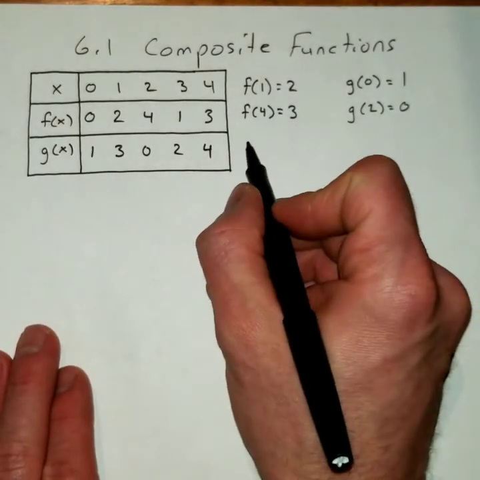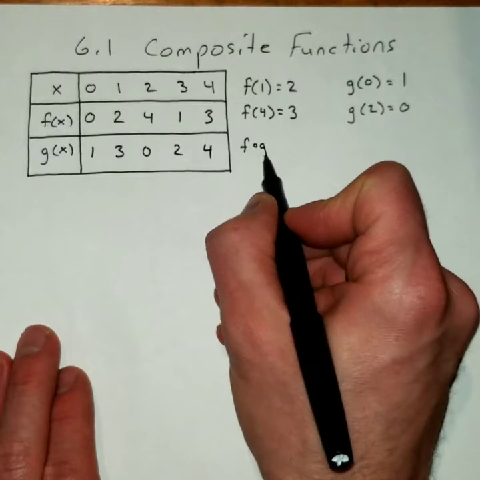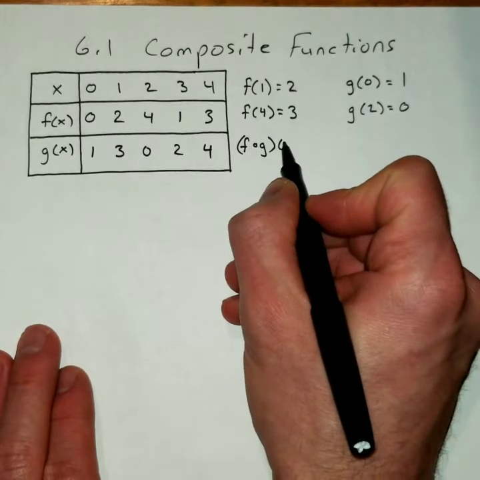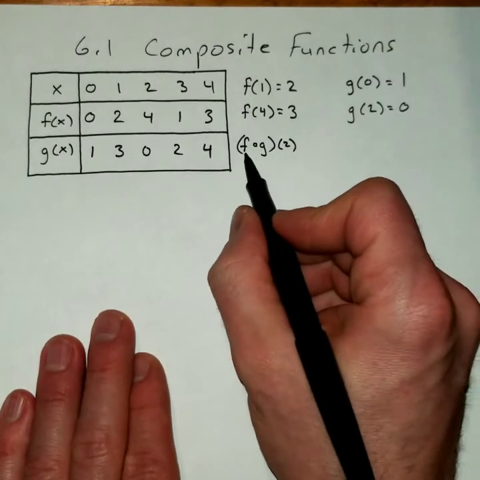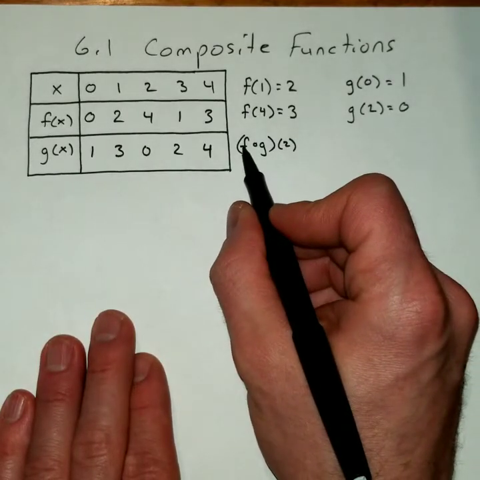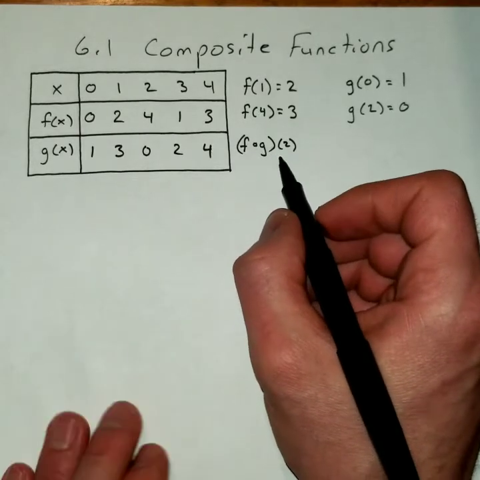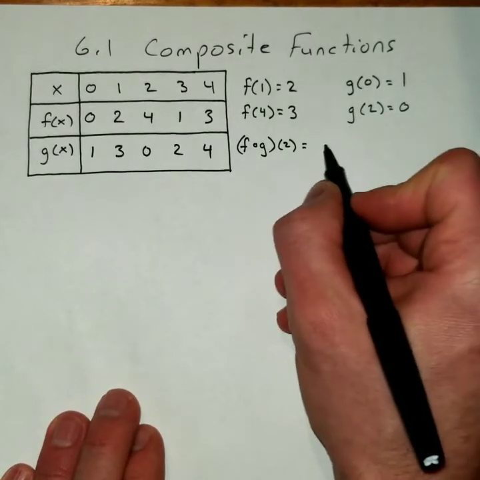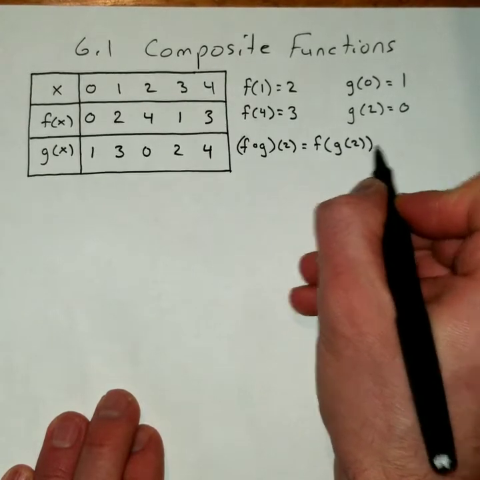So we have f circle g of 2. Now when we write this out in composite form, the f is on the outside, it's the first one listed, and the g is on the inside, it's the second one listed. So this becomes f of g of 2.